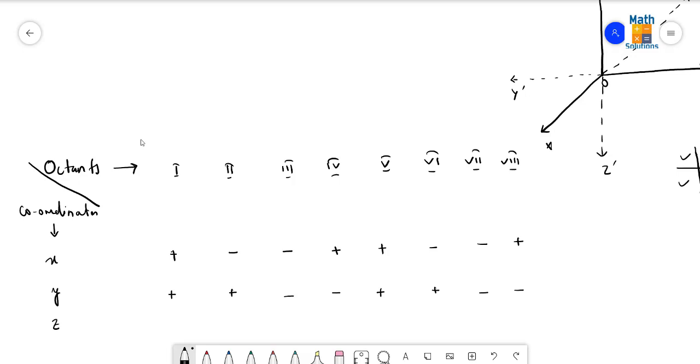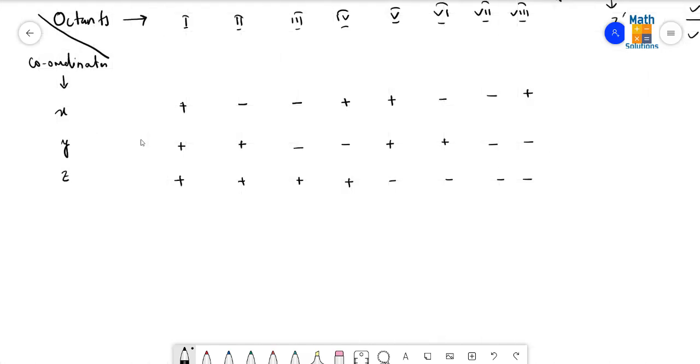Similarly, for the z-axis, for the first 4 octants, all z values will be positive, and for the remaining 4 octants, all z values will be negative. So this is the sign convention.